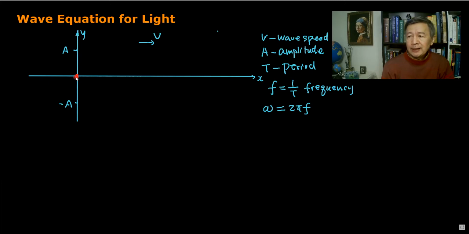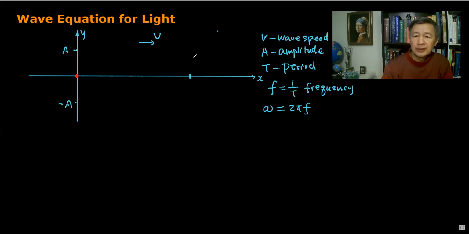Now, on the other hand, we know that the wave will travel at a constant velocity. So we can calculate how far this wave has traveled, whether it is a visible or invisible wave. Suppose that during exactly one period, the wave has traveled here.